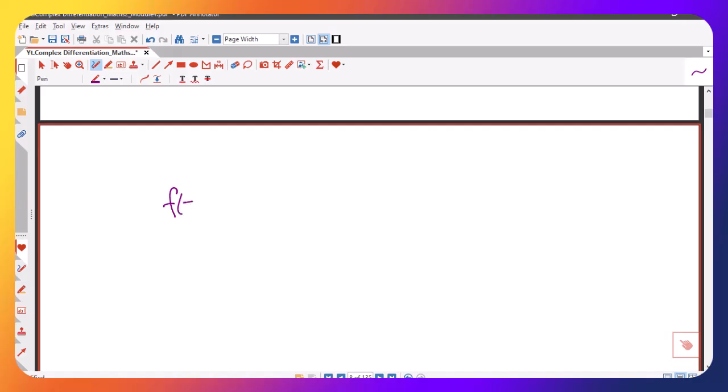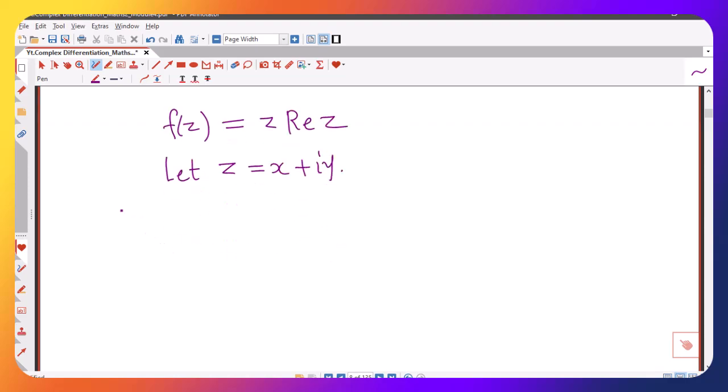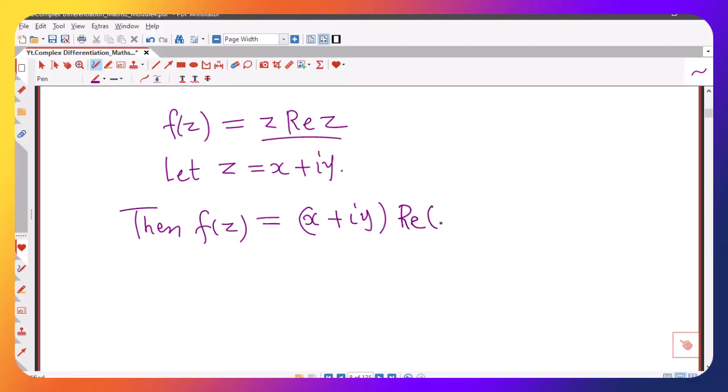For example, if I consider f of z equal to, say, z into real part of z, then I start by considering z equal to x plus iy, then I will put z equal to x plus iy in the right hand side here. So this will give me x plus iy times real part of x plus iy. This we can again rewrite as x plus iy.